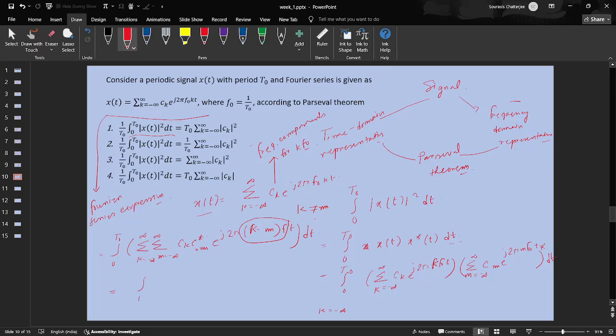Okay, since k has to be equal to m to have its effect, basically to have some non-zero values, as you mentioned, I can use a single integral, and as you mentioned, magnitude square, fine, and dt. And what is the resulting expression for this?